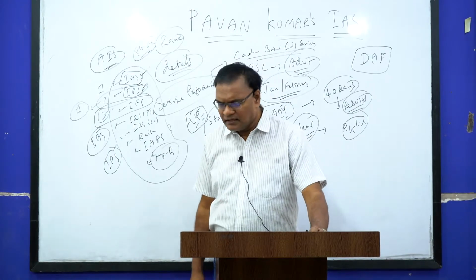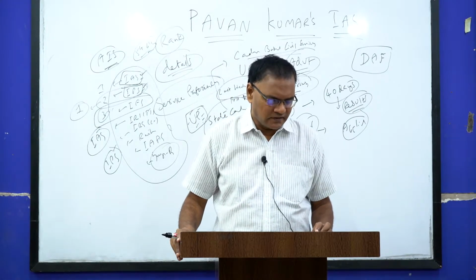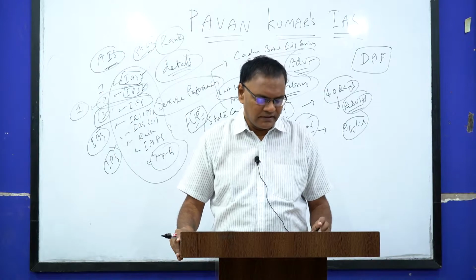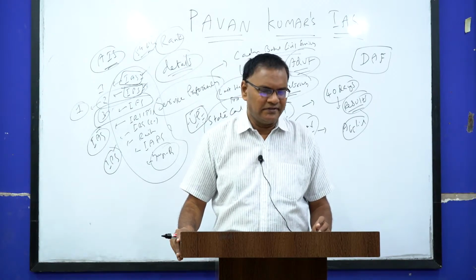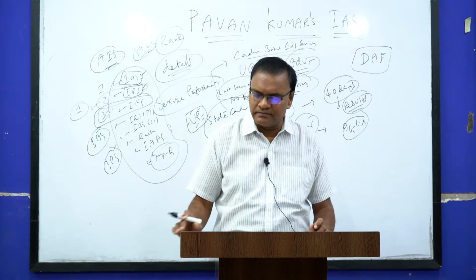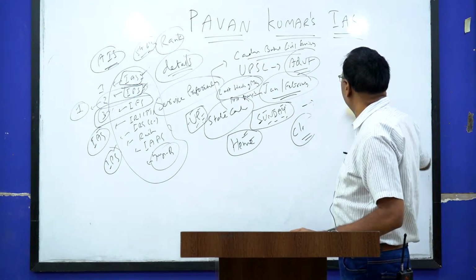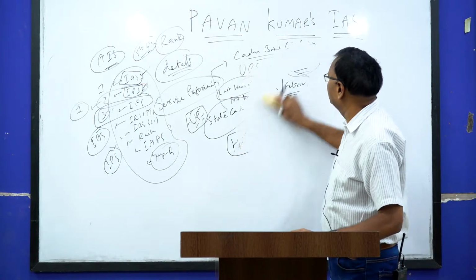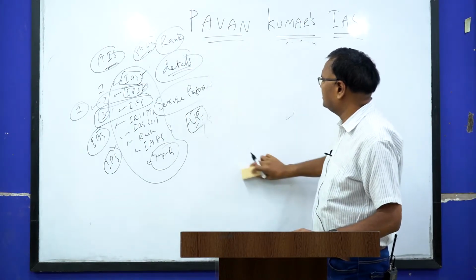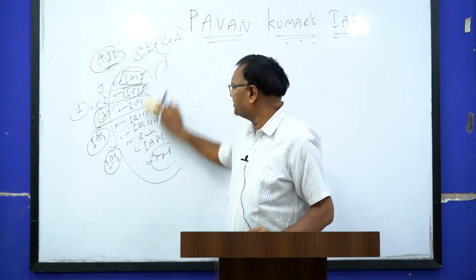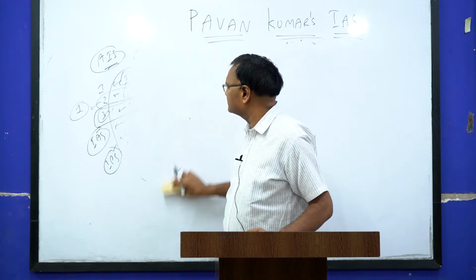This is what you have to do once UPSC asks you to give your preferences and fill in the application form. Once this is done, everything has to be done online only nowadays. So once this is done, then the next step is the main examination.